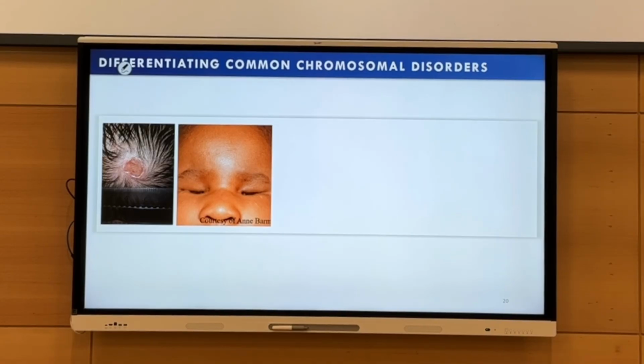What can you notice at the eyes and the nose? Very close set eyes. They're very small. We call it microphthalmia. And the nose is broad, we call it bulbous nose.